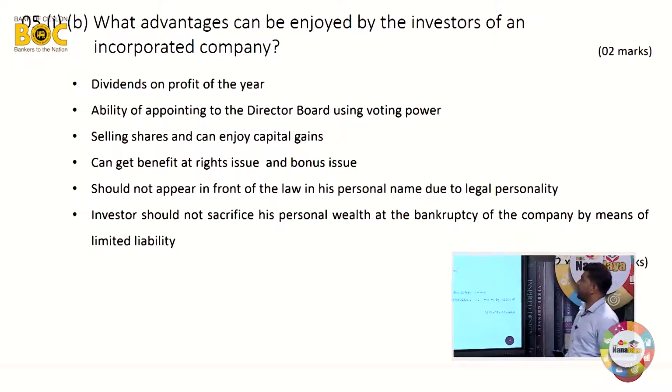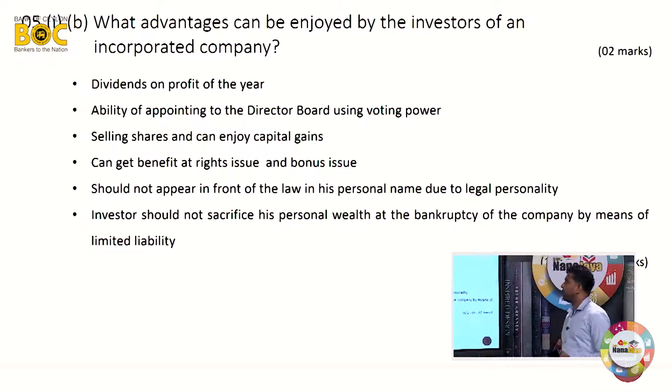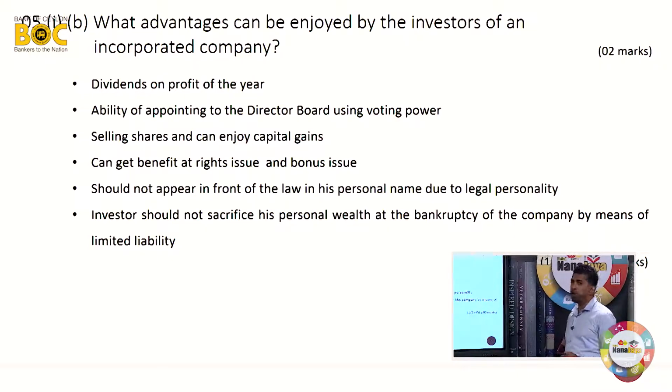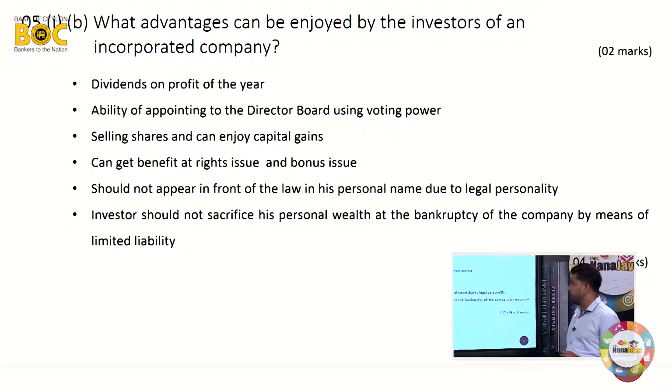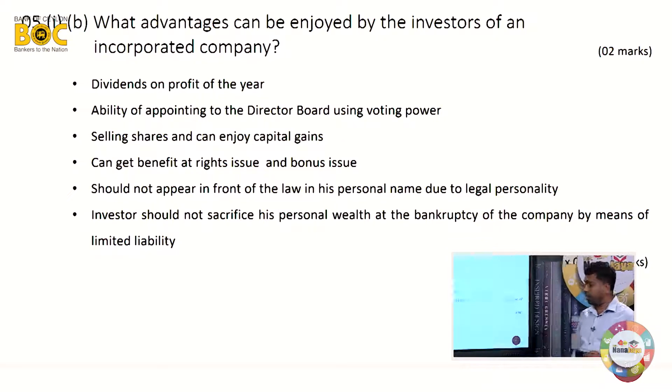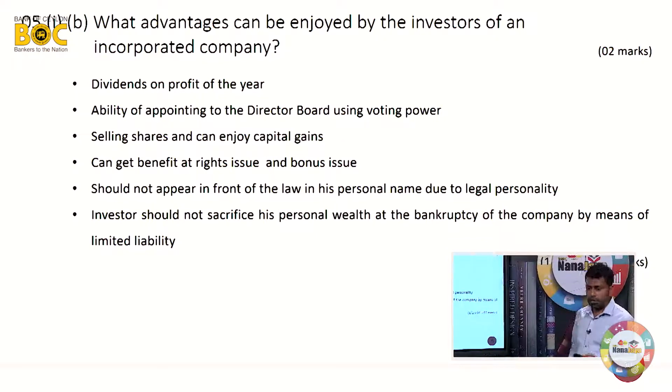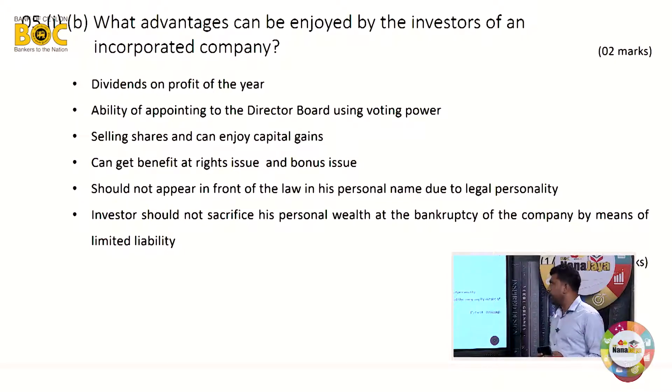Part B. What advantages can be enjoyed by the investors of an incorporated company? The main thing is dividend from the profit of the year. According to the management decisions, shareholders or investors can enjoy dividend.